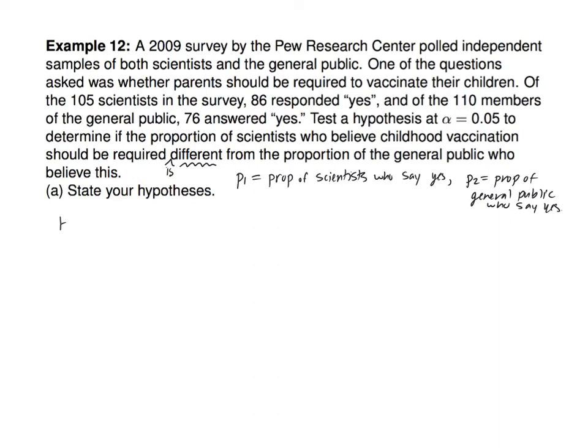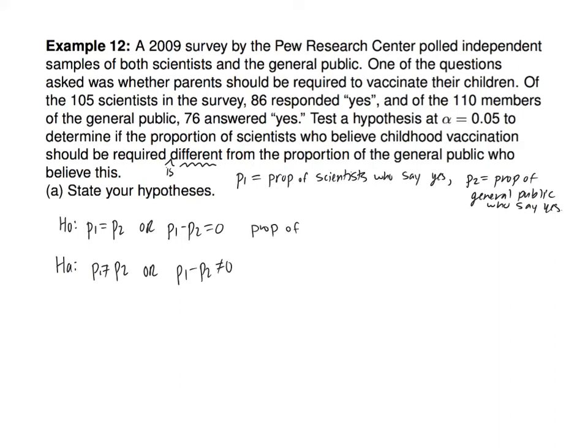Okay, the null hypothesis is that these proportions are equal. So P1 equals P2, or P1 minus P2 is equal to 0. HA would be that P1 is not equal to P2, or P1 minus P2 is not equal to 0.